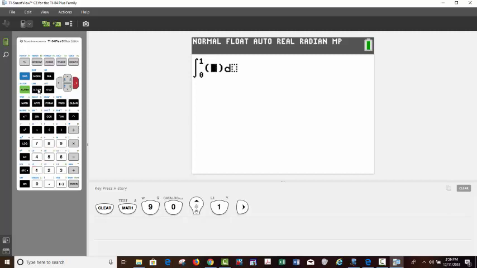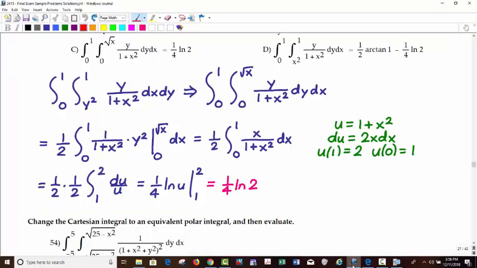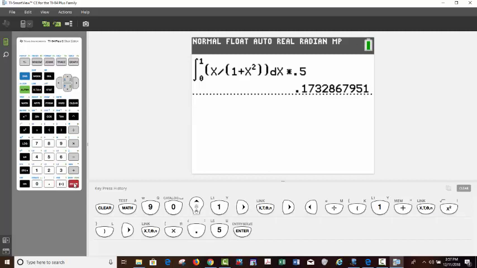So it was x divided by, better put parentheses here, 1 plus x squared, close parentheses, dx. And then I guess, like I said, let's check here. Yeah, there's 1/2. So I'll put times 0.5. And then now I'm going to go 1/4 times ln of 2.